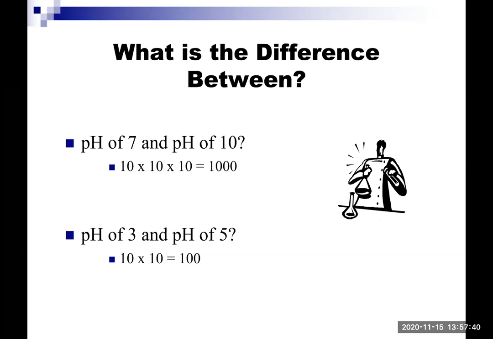So if we use a log base 10 scale, which is what we're using to convert our hydrogen ion concentration to a pH, a log base 10 scale means that when we go from a pH of 7 to a pH of 10, that's not going to be 3. A log base 10 scale tells us that's going to be 10 raised to the power of 3.